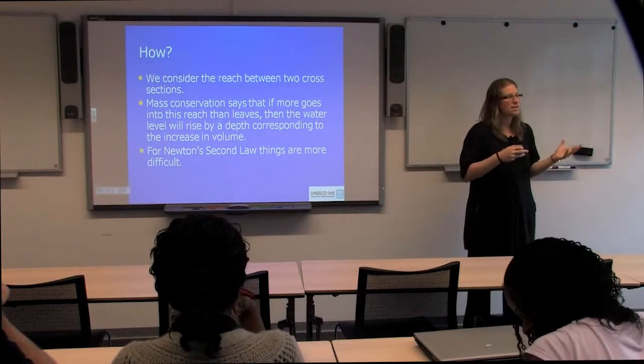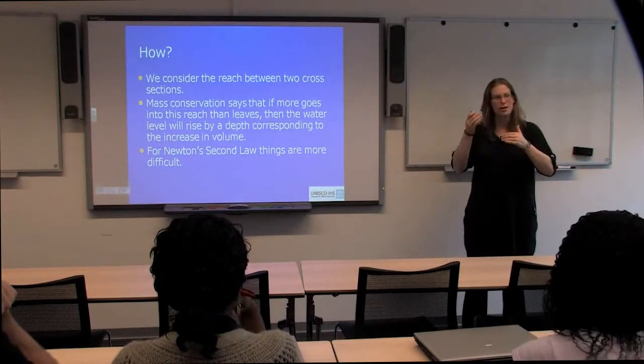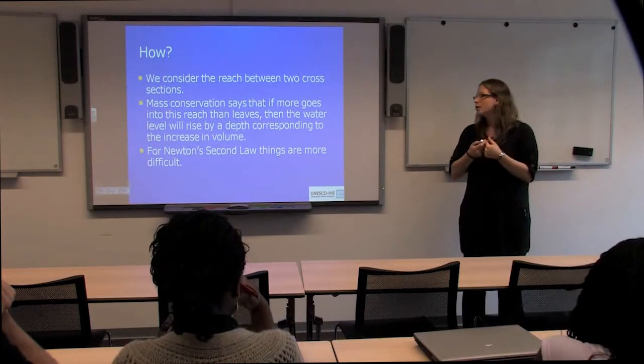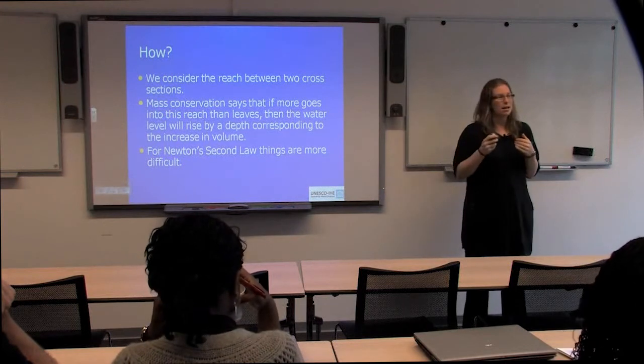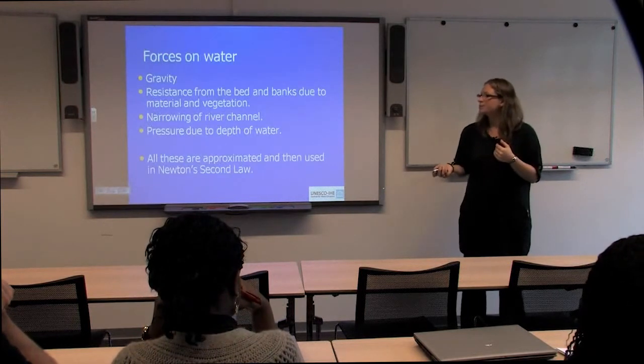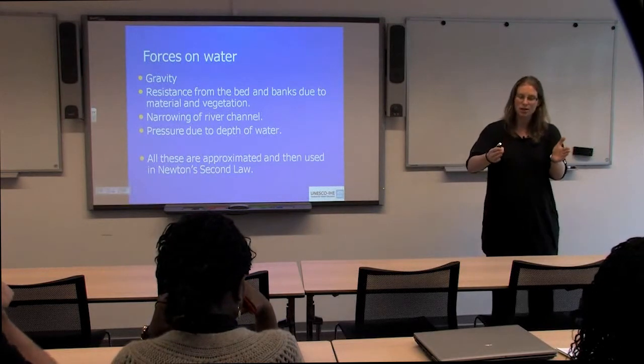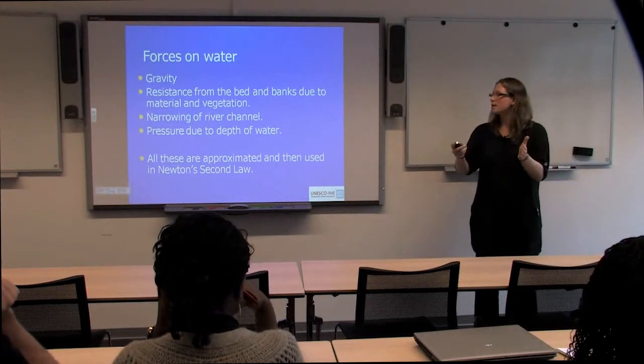When we think about Newton's second law, because we have to use both of these components, since we have two unknowns, things are a little bit more difficult. We have to look at all of the different forces on this section of water between two cross-sections.